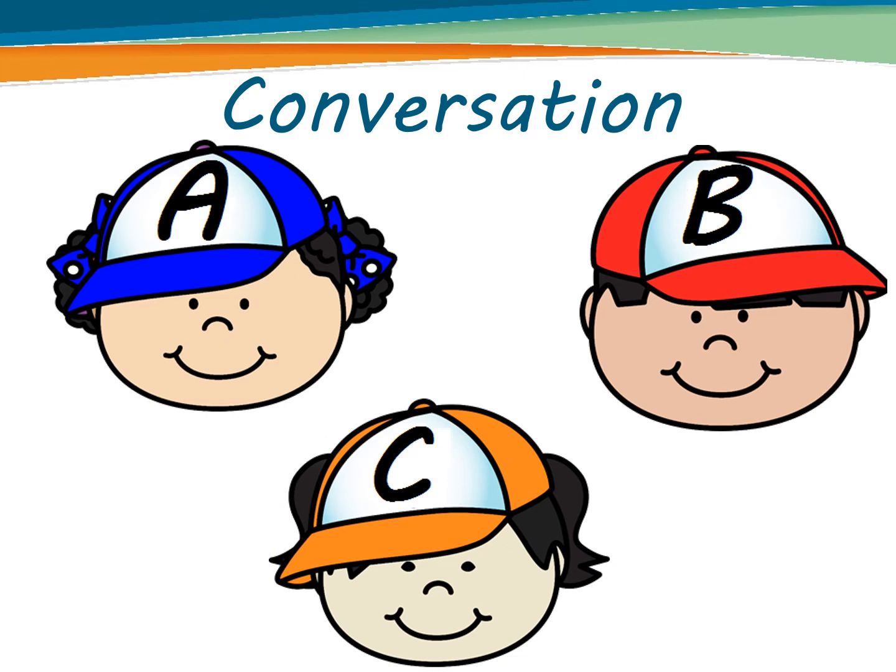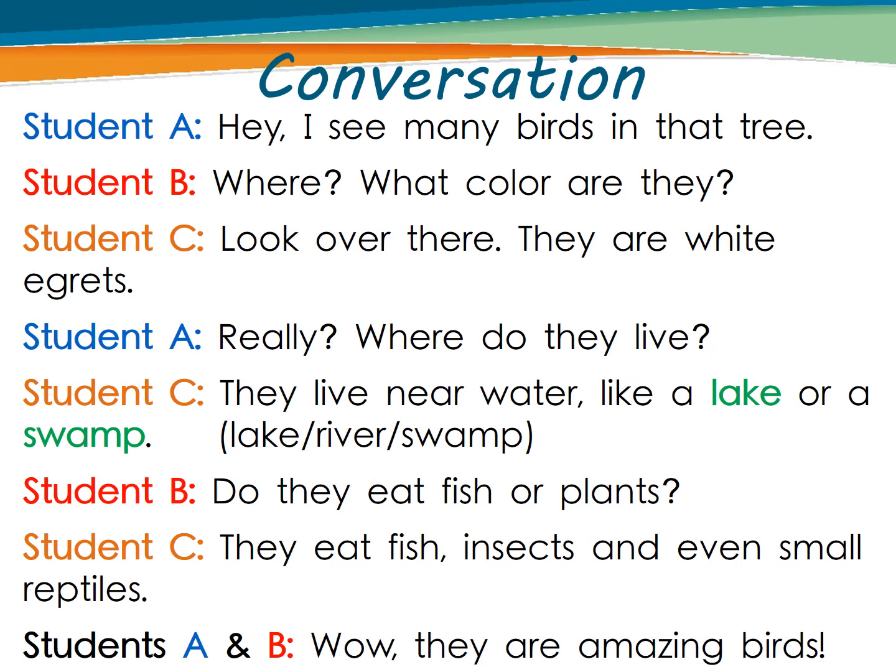Great job, everyone. Now you have learned a lot about egrets. Let's see if we can practice this conversation a little more. "Hey, I see many birds in that tree." "Where? What color are they?" "Look over there.